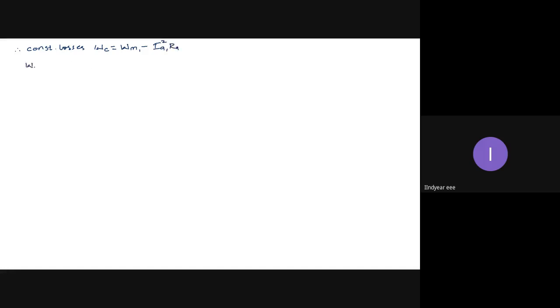So WC is equal to 2100 minus 87.7 square into RA, 0.06, which is 461.